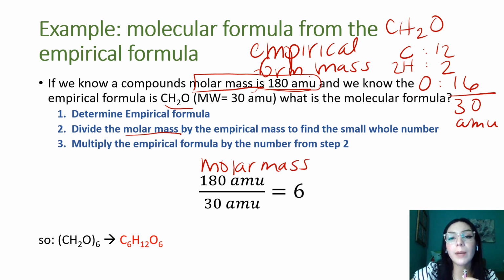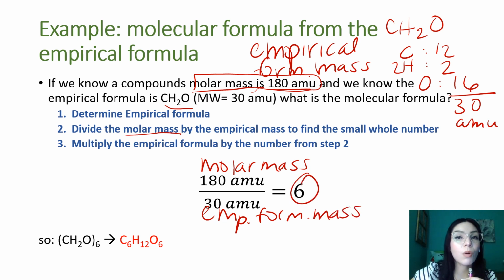You divide that by the empirical formula mass. Now, when you divide this out, you're going to get a whole number. You are going to multiply the empirical formula by this whole number. So this is multiplied against that carbon, that hydrogen, and that oxygen.